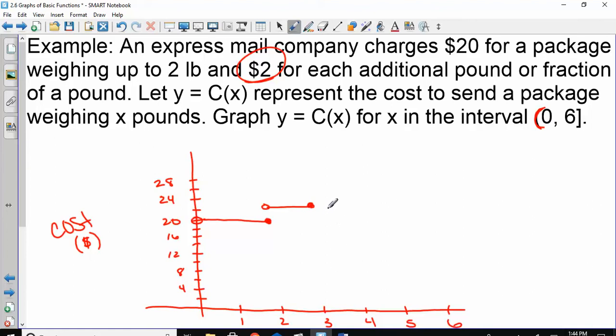So at 3 pounds, you're still just paying that $2 extra. But as soon as it weighs 3.1 pounds, they're going to tack on another $2. So it'll go up to 24. And then once you get to 4 pounds, after that it's going to go up to 26. And after you get to 5 pounds, then it goes up to 28 until you get to the 6 pounds.